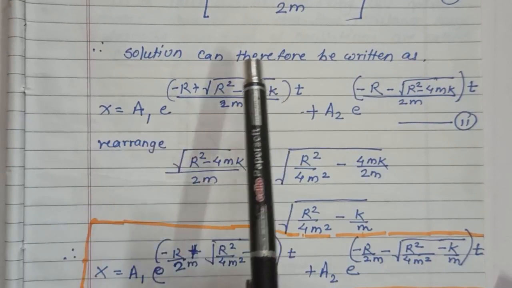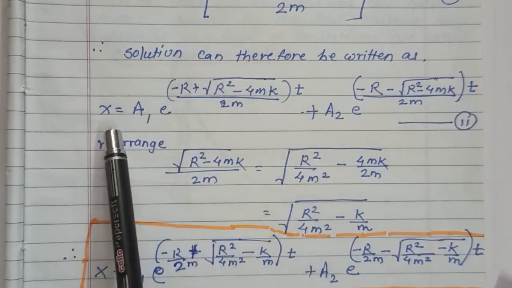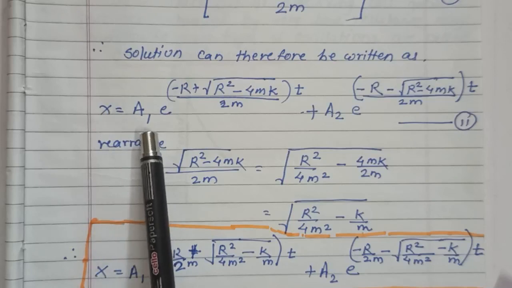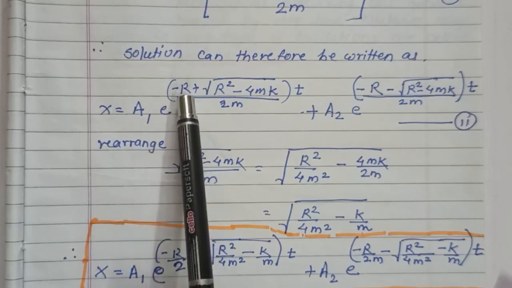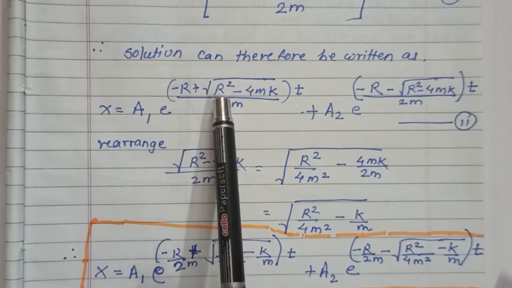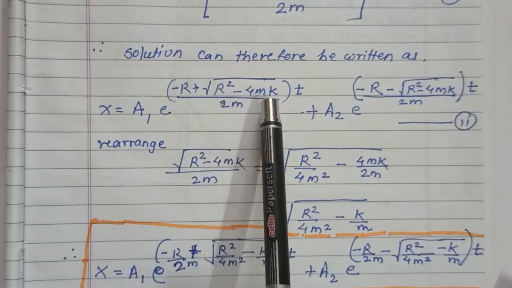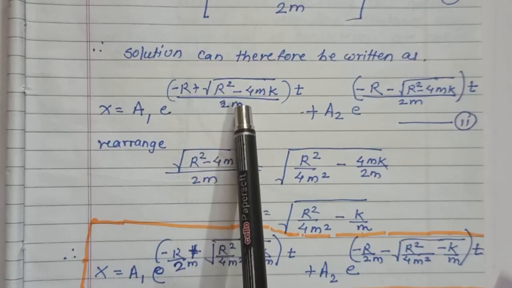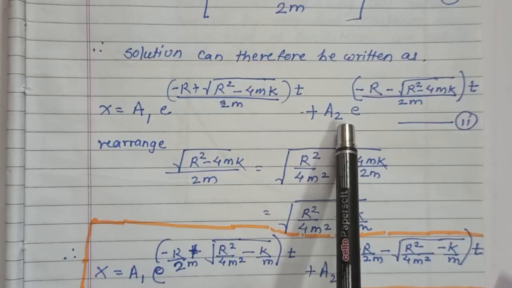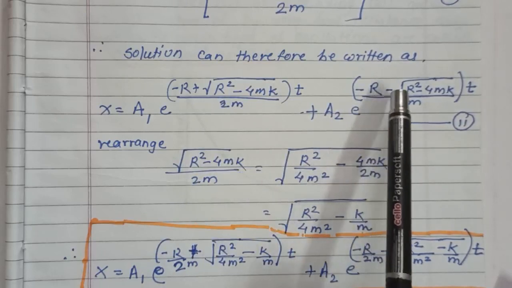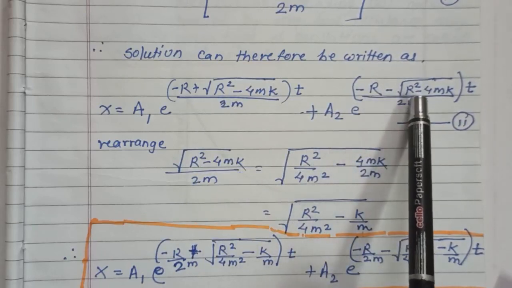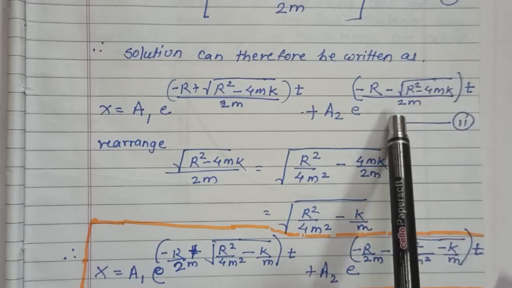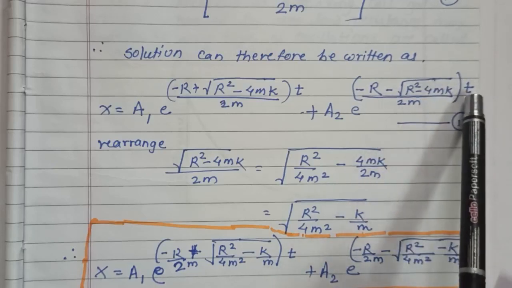Then the solution becomes x is equal to a1 e raised to minus R plus square root of R square minus 4mk divided by 2m into t, plus a2 e raised to minus R minus square root of R square minus 4mk divided by 2m into t.